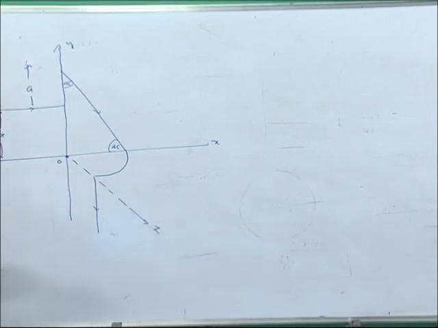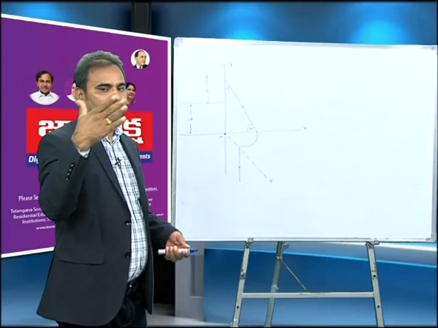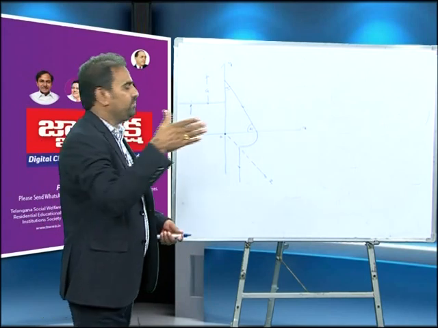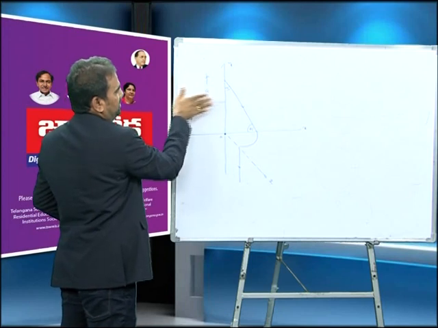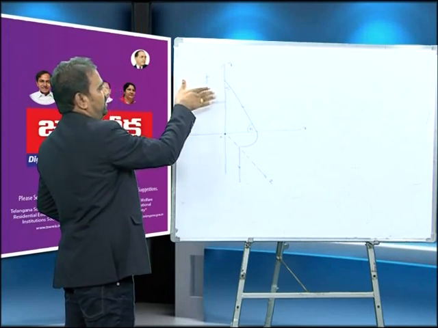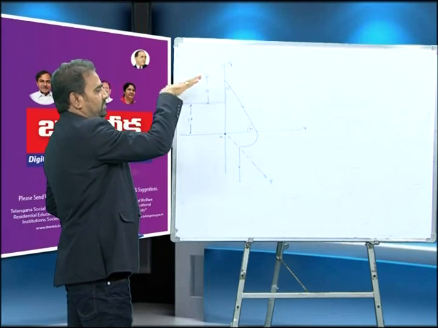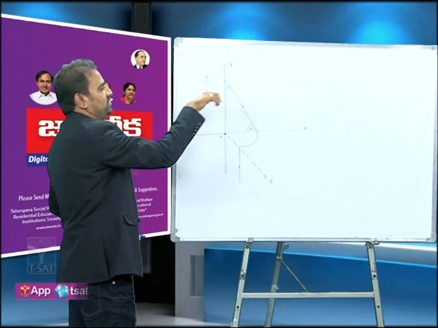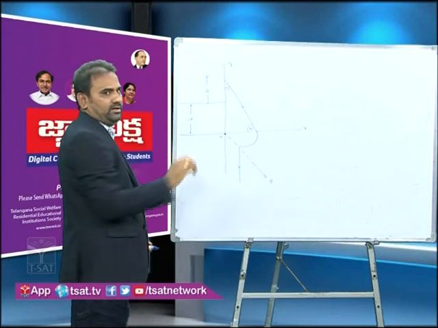The direction of the magnetic field we can determine by using the right hand thumb rule, that is dl cross r. Keep the right hand fingers in the direction of the current carrying conductor, curl them in the direction of the magnetic field, then the thumb gives the direction of dl cross r, which gives B.